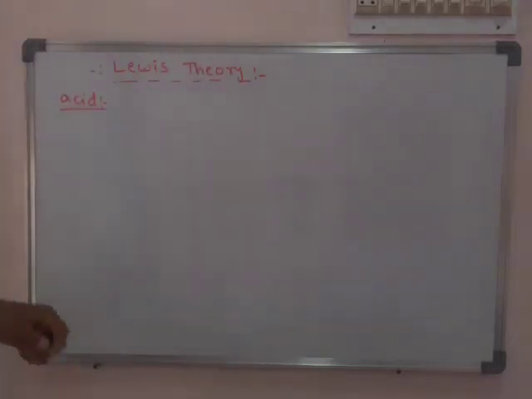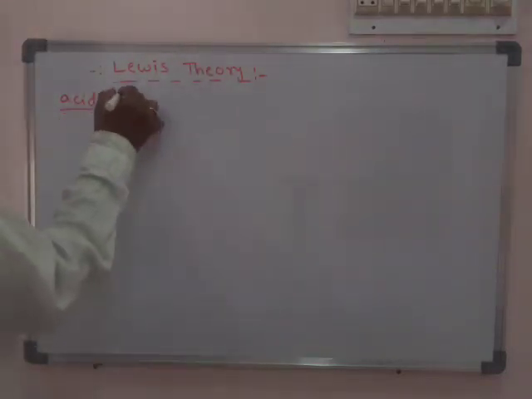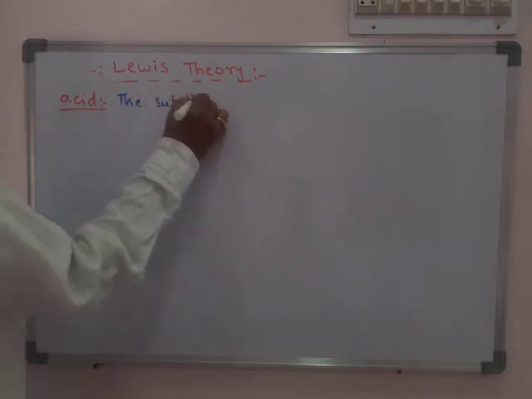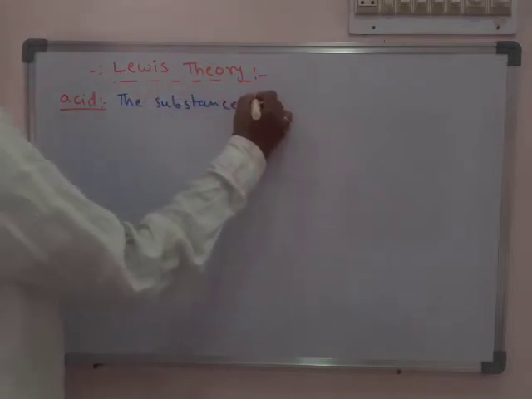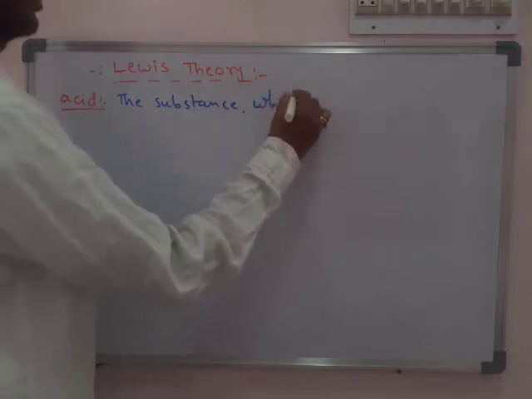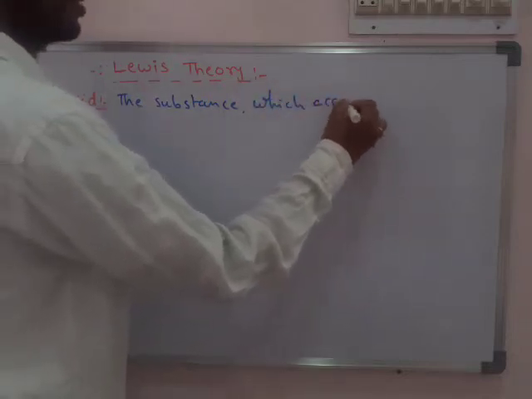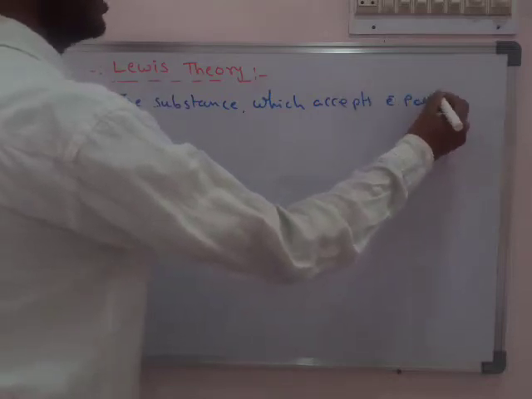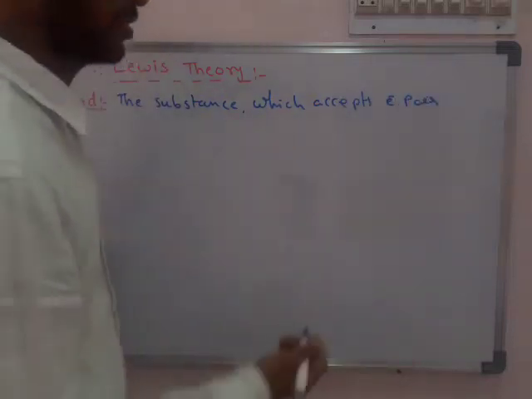Simply, we can write the definition like this. Acid means the substance which accepts an electron pair. It may be one pair or more than one pair also.